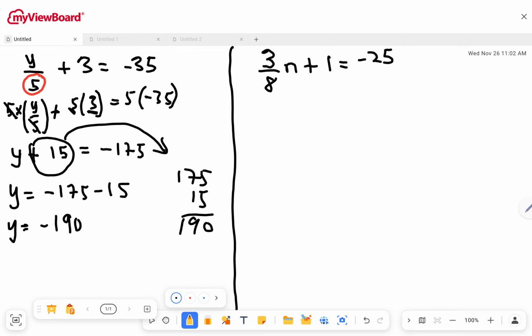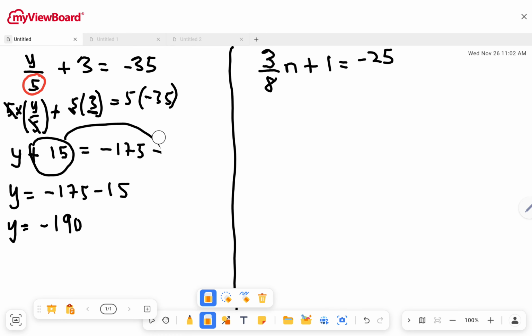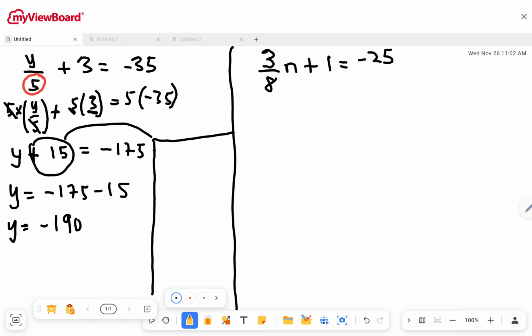This is the one way that you can do it. The other way is this. You can transfer this 3 here to this side of the equation.